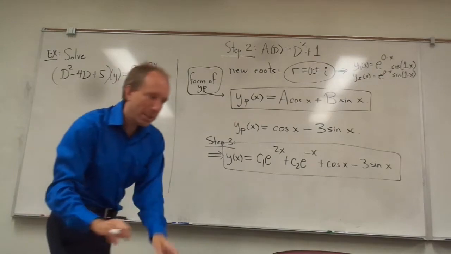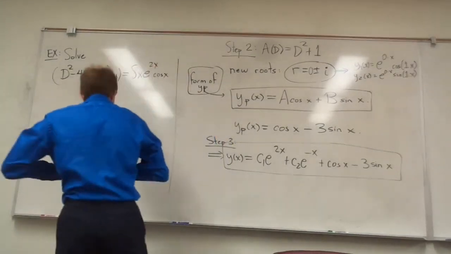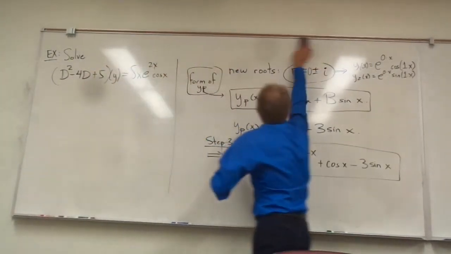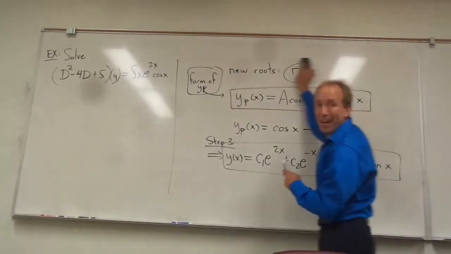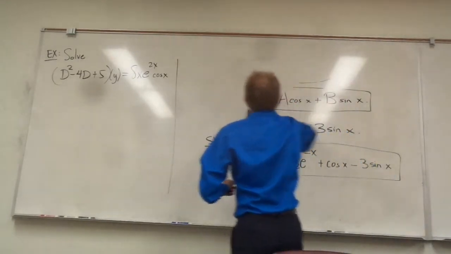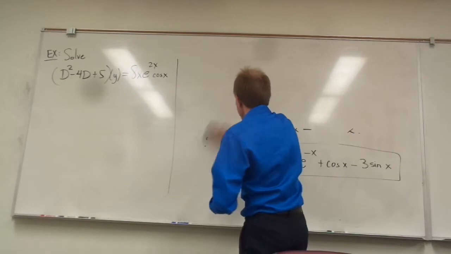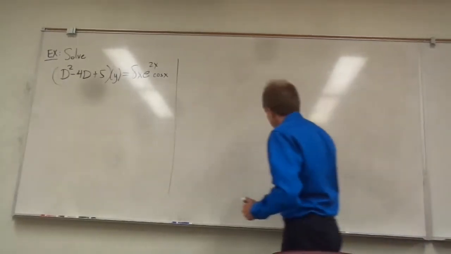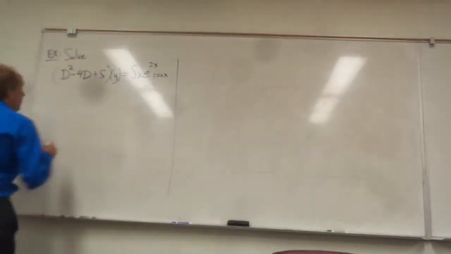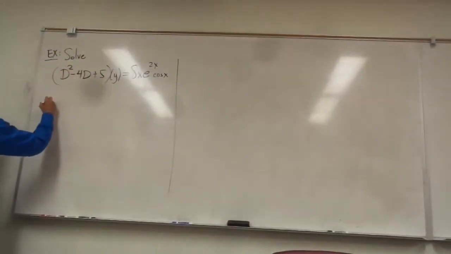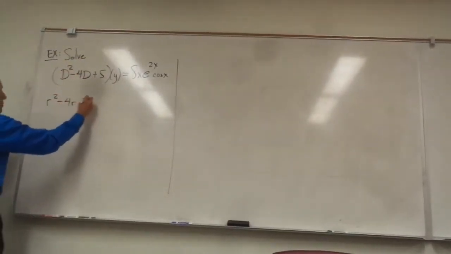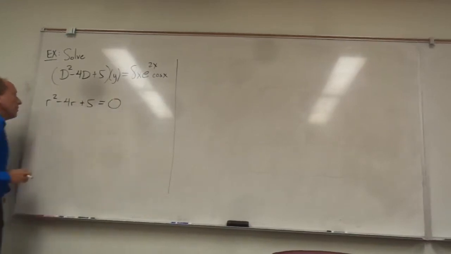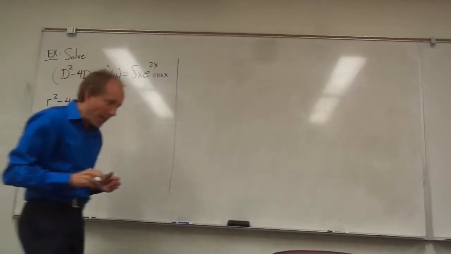While I'm erasing, maybe you can try and write down the auxiliary polynomial for the homogeneous differential equation. We can get the complementary function going. This is very easy. Remember that all of the D's just turn into r's. So r squared minus 4r plus 5 equals 0.